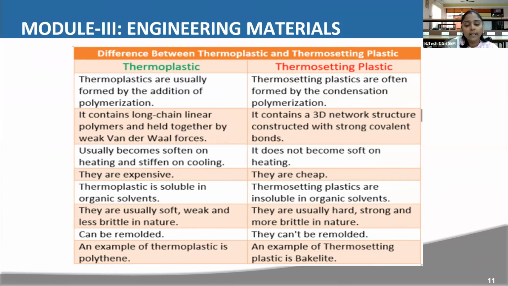Thermosetting plastics cannot be remolded. An example of a thermoplastic is polythene, and examples of thermosetting plastics are bakelite, melamine and Teflon.